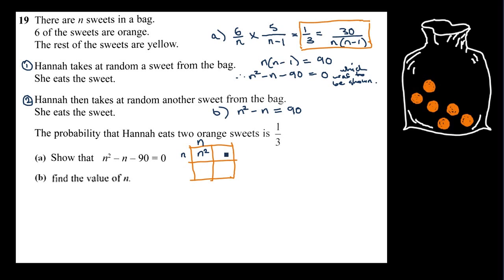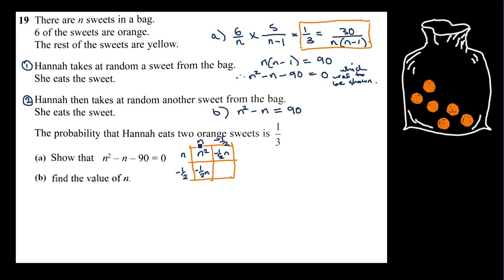In other words, minus half n, because we've got two of them. They're split into these two quadrants here, so we've got minus half n and minus half n here. And that gives us our second term, because n times minus a half will give us minus half n. So on both sides we've now got n minus a half.